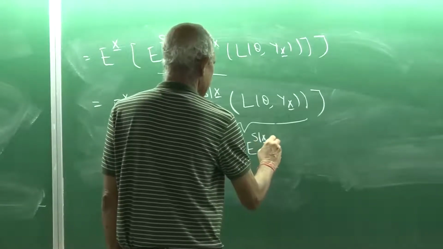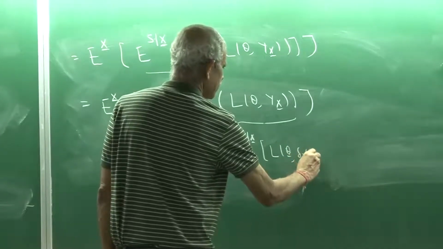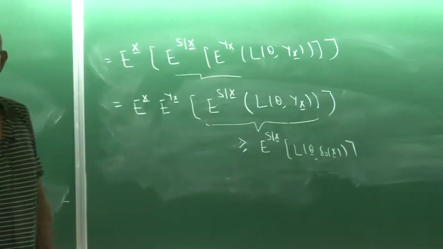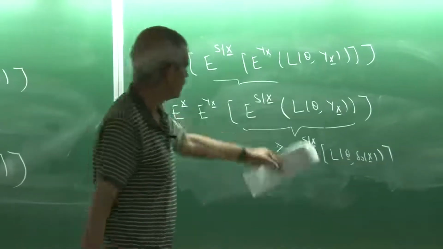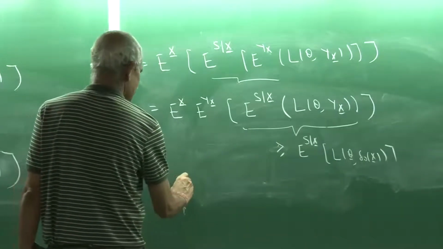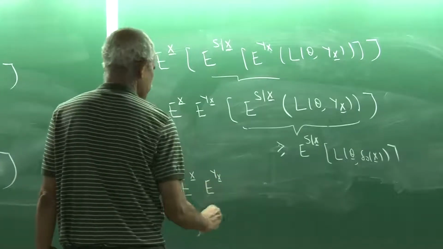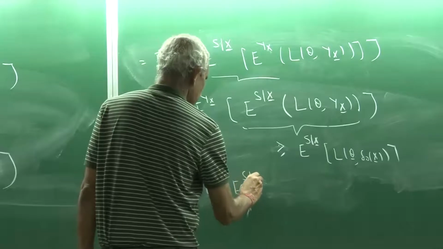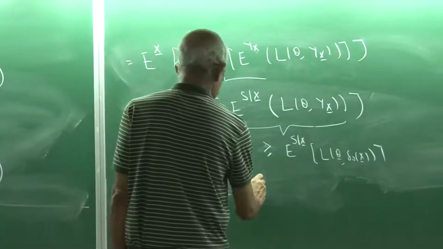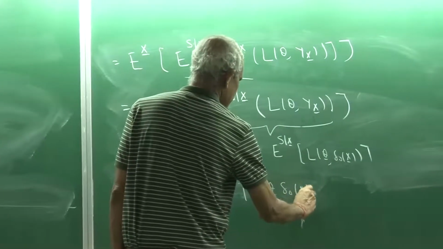Whatever Yx you can treat as A, whatever A may be, this is always minimized by delta naught X. So what do you get? This is always greater than or equal to E of X, E of Yx, E of S given X of L theta delta naught X.